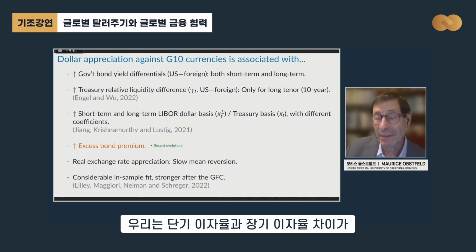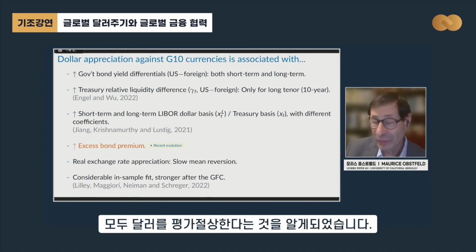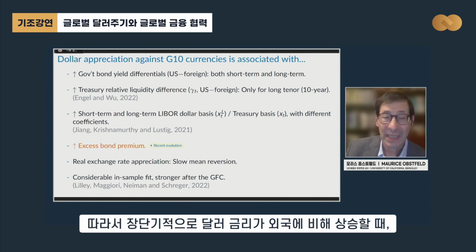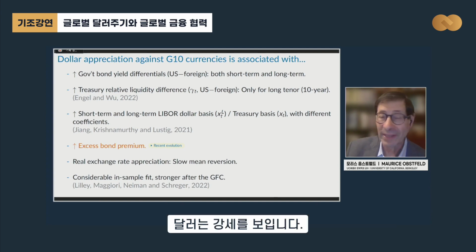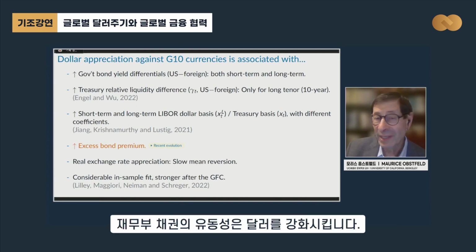We learned that both short and long-term interest differentials appreciate the dollar. So when dollar interest rates at short or long-term rise relative to foreign countries, the dollar strengthens. Treasury liquidity strengthens the dollar.